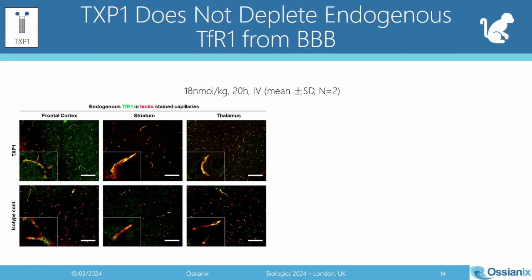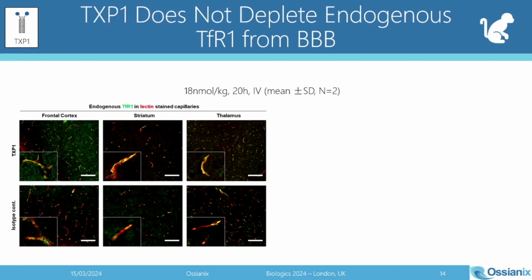So I mentioned previous studies show that previous groups published that some TFR1 antibodies bind to the receptor on the blood-brain barrier, but they also potentially deplete endogenously expressed TFR1 from the blood-brain barrier.